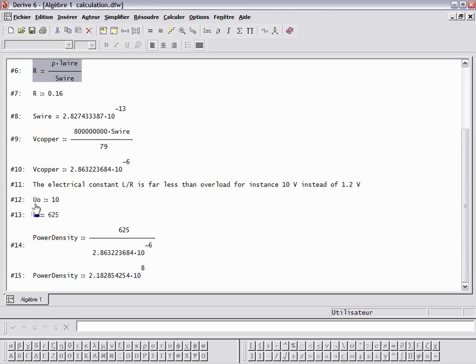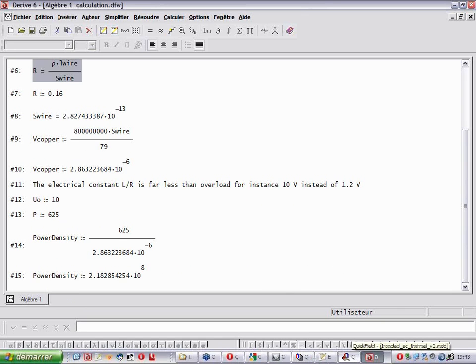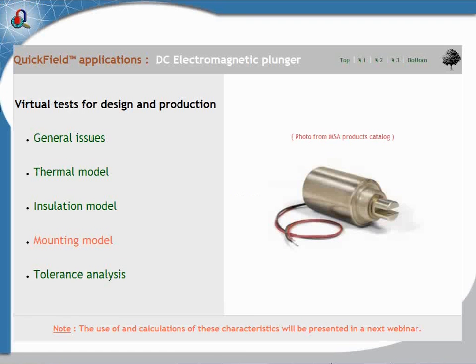The power is given by this. We have our 10 volts, and we have our resistance. So the power is the square of the voltage divided by resistance. And at the end, we can easily get the power density due to the Joule effect.